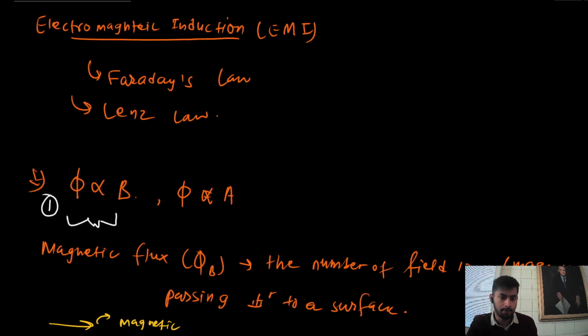Remember, as I'm talking about magnetic flux over here, it's different: magnetic flux is not electromagnetic induction. Electromagnetic induction comes after magnetic flux, as the equation of electromagnetic induction includes magnetic flux as one of its components.